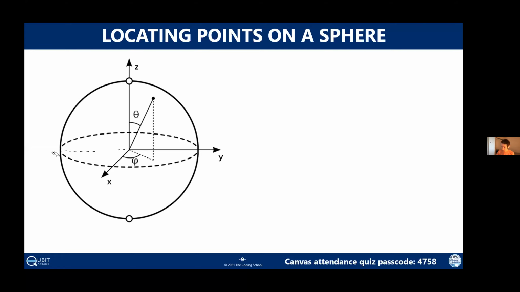I want you to think for a minute about what the ranges of these angles have to be in order to cover every single point on the sphere. Both of these angles can obviously start at 0, but what is their maximum value? How far do they have to go to cover every single point on the sphere? Think about that for a second. It's not the most obvious question. It's a bit of a trick question.